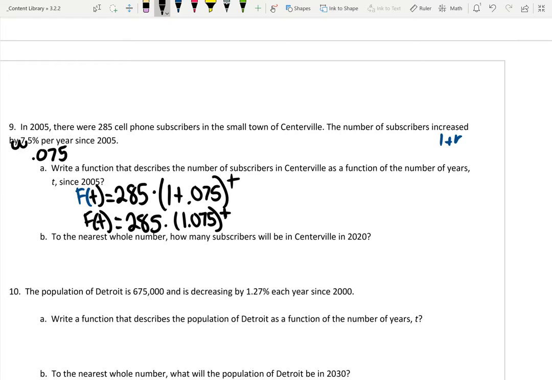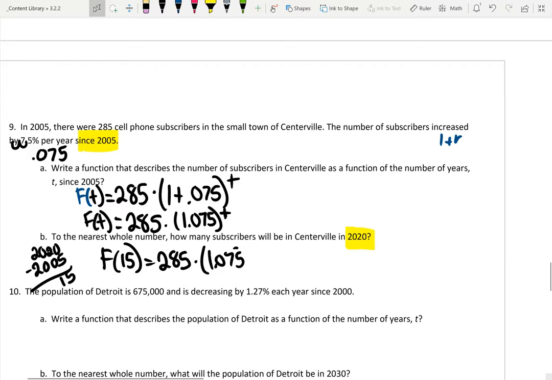Voila! Now, to the nearest whole number, how many subscribers will there be in 2020? This is since 2005, so 2020 minus 2005 is going to give me 15 years. So I need to plug in 15: 285 times 1.075 to the 15th power.